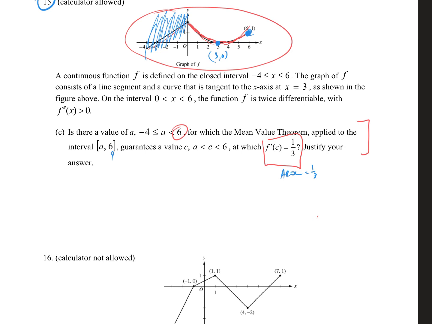So basically then, the question is asking what's the x value of that point, and the x value of that point is 3. And the justification for the answer would be the AROC is 1/3 and the function is differentiable for the interval given. And there you go.